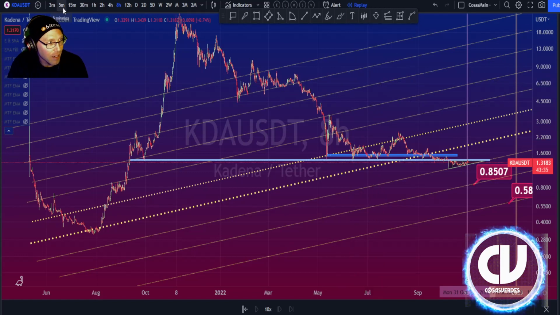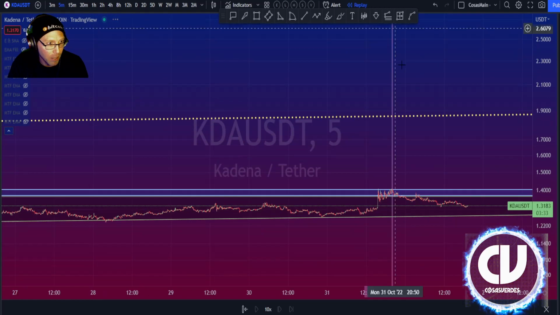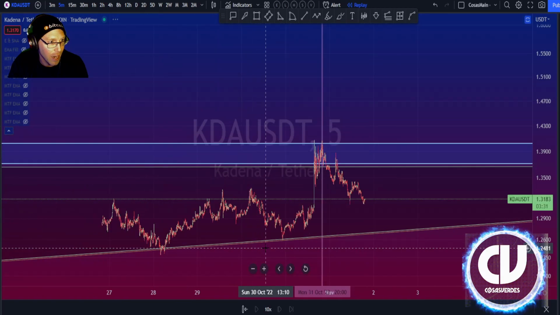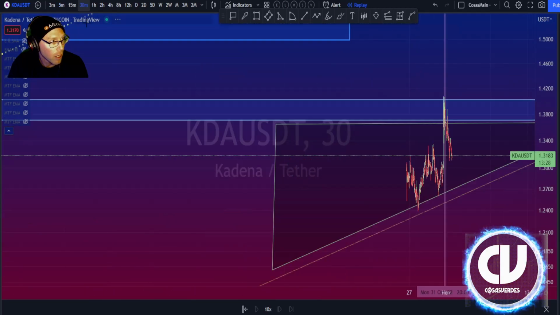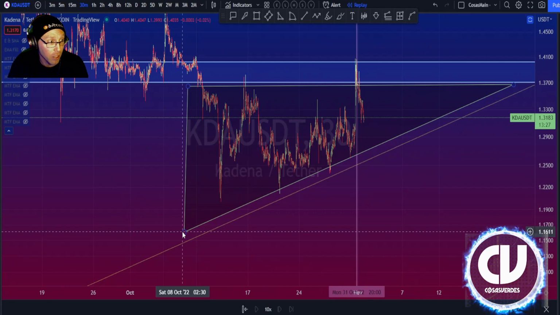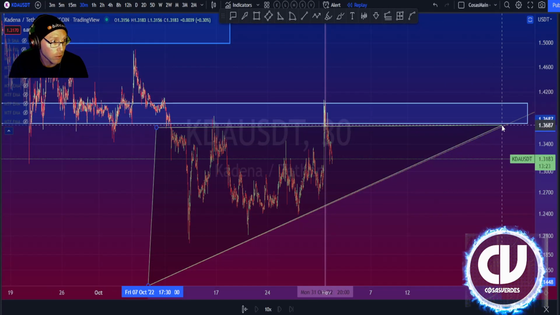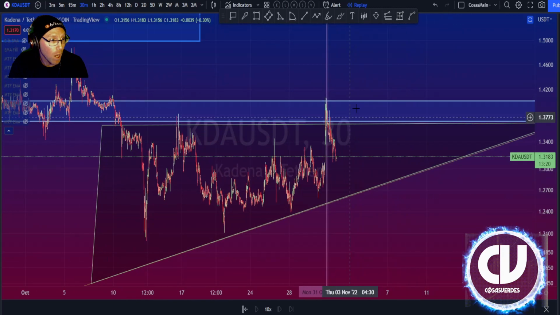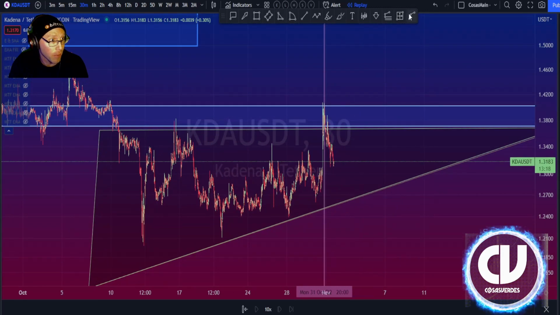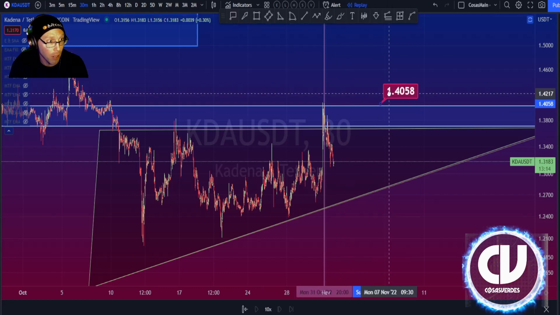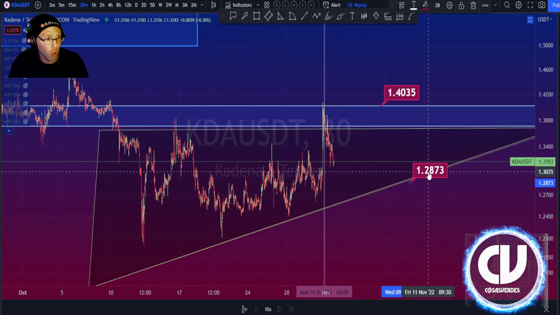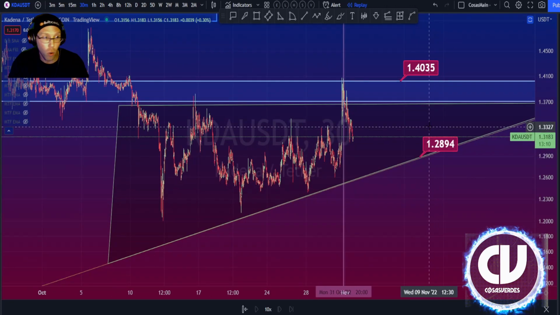Once you zoom in after copying them on a larger time frame, like daily or 8-hour, you're essentially dealing with one origin line that's being touched right now with this horizontal right here. So all you're looking for is a breakout above $1.40, which it's already tested once, or the bottom trend line.